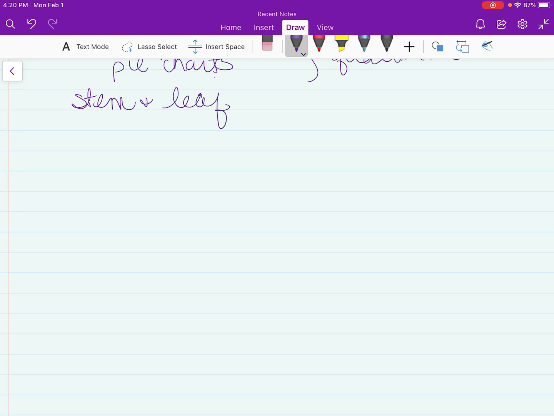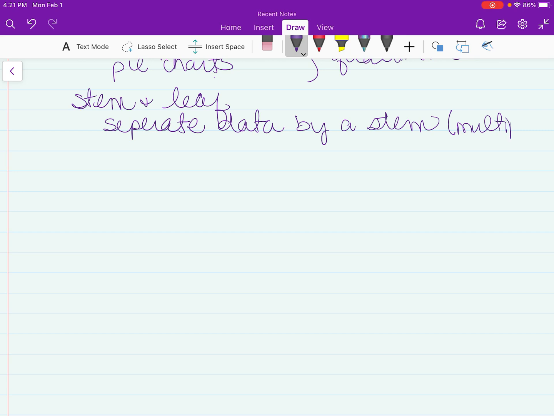So for the stem and leaf display, you will separate the data by a stem. It can be multiple digits.